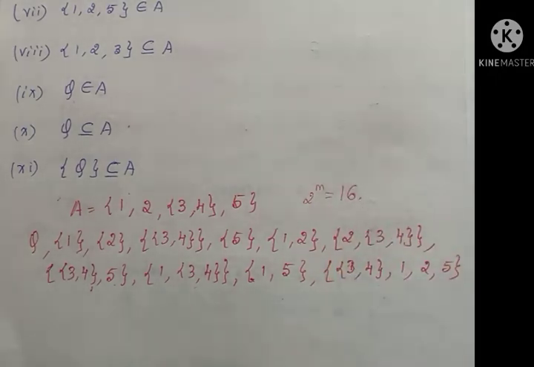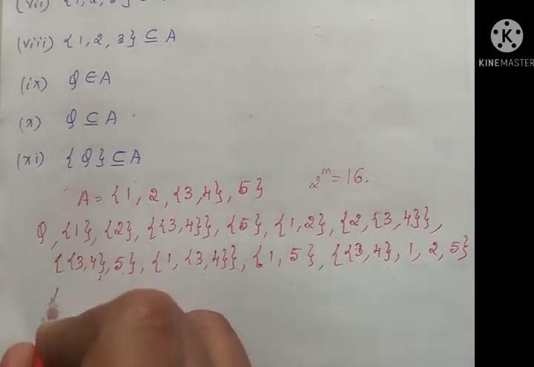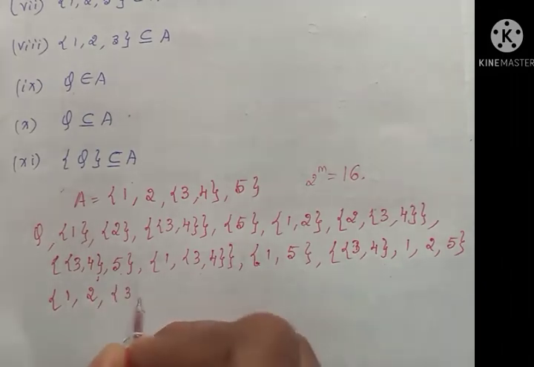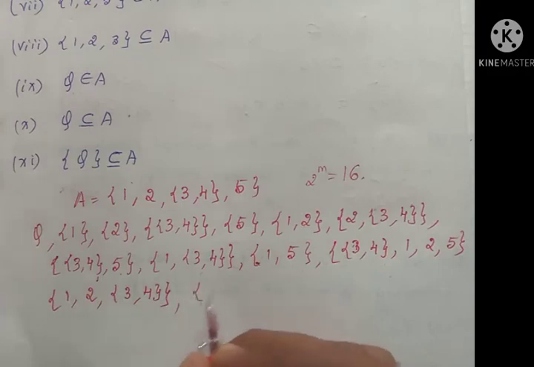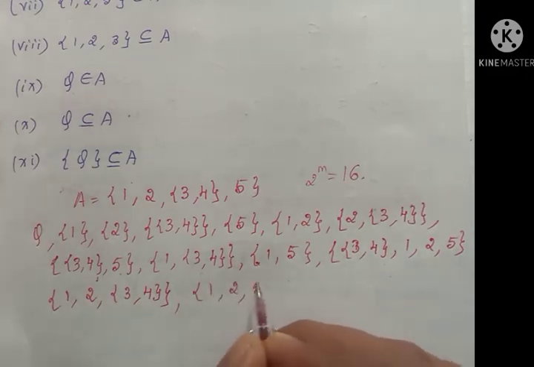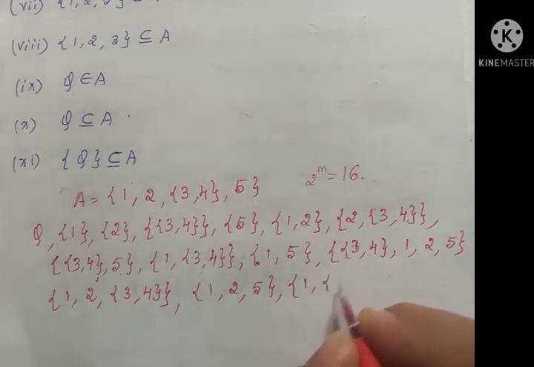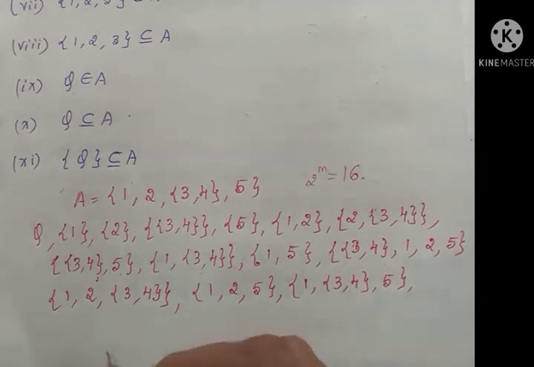What's remaining now? The set having the element {3, 4}. Collect that. Starting 1, 2, this one. This is one subset. Then 1, 2, 5. This is one more. Then 1, {3, 4}, 5. One more.